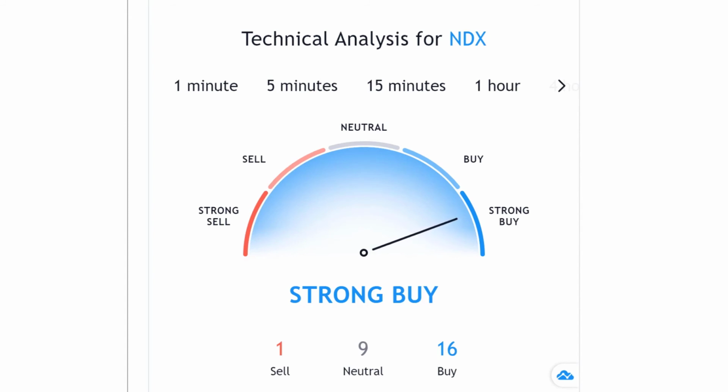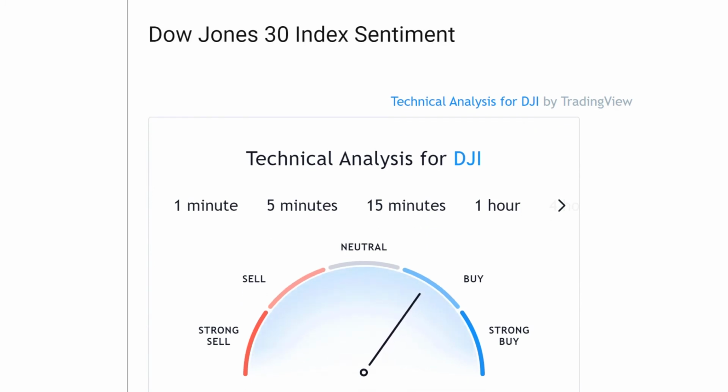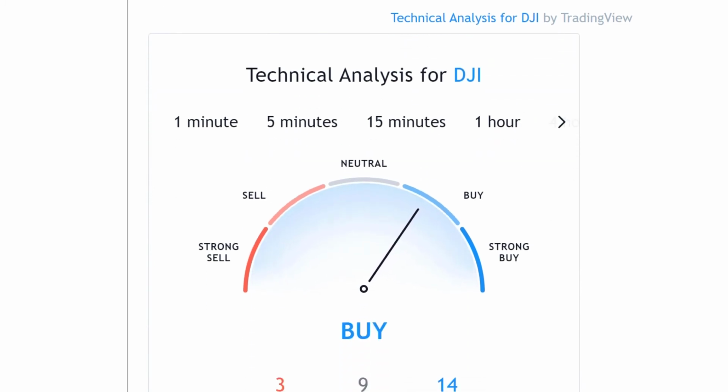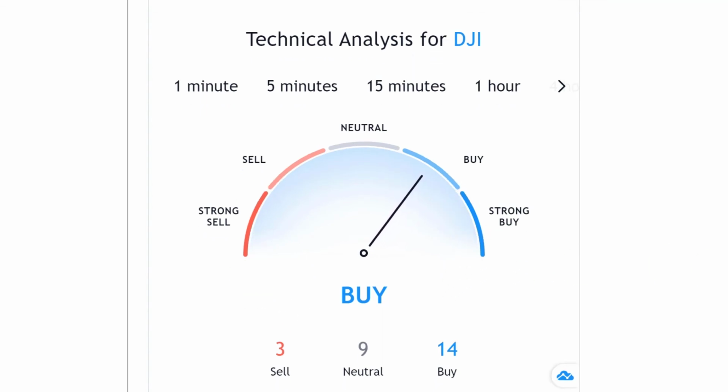So here you can see the indicators are indicating a strong buy, which is extreme greed in these technical indicators. Now we can look at the Dow Jones 30, the industrials, and we can see here it is currently at a buy. So if you register with TradingView, then you can essentially see this for any stock or index.